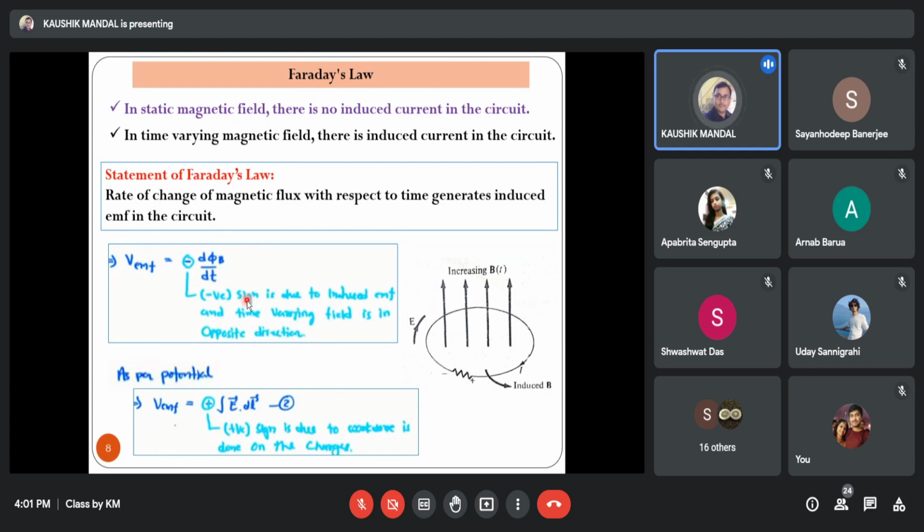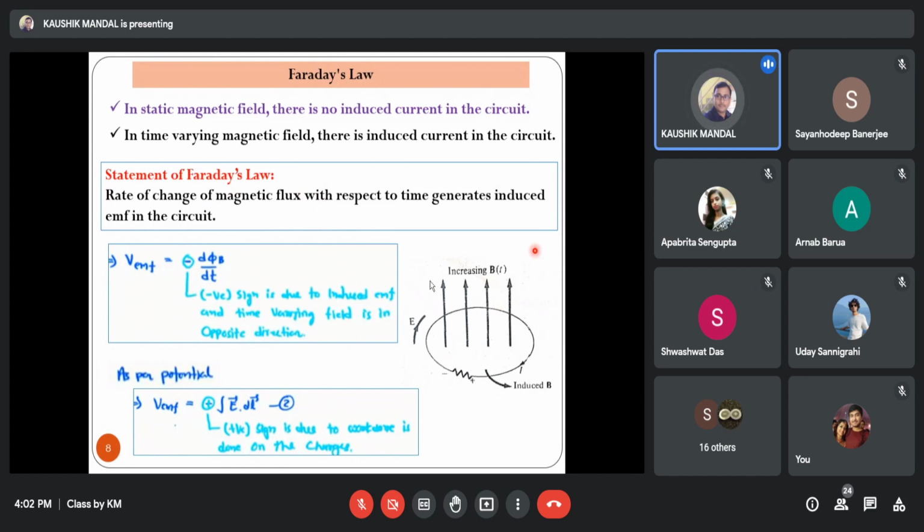So this Faraday's law is basically describing the induced electromotive force in the circuit due to change in magnetic flux. Change in magnetic flux means we are considering the time varying magnetic field.